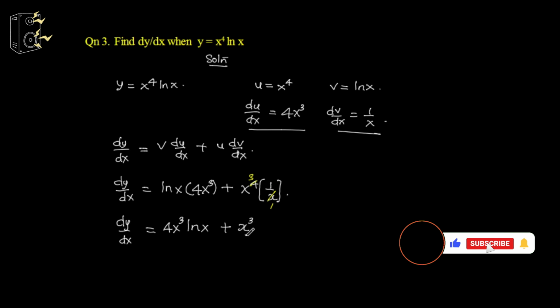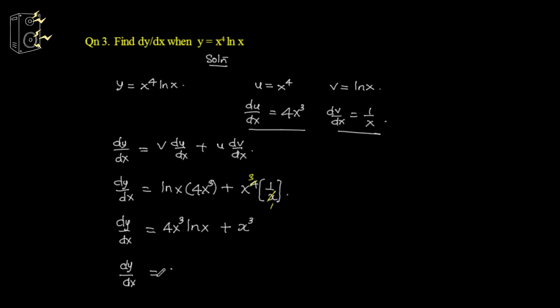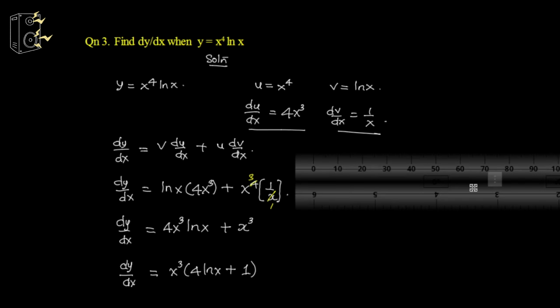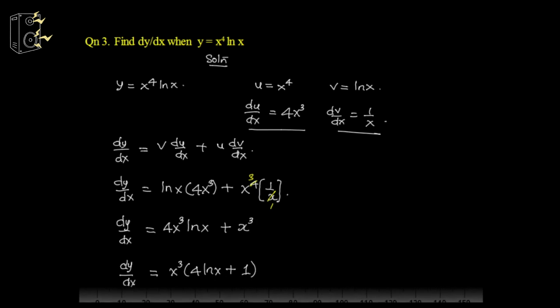And then if we wish, we can go ahead and factor out x to the power of 3. Therefore dy by dx is equal to x to the power of 3 into 4 ln of x plus, here we're left with 1 because x to the power of 3 has gone out. Now that is the derivative of this function here.